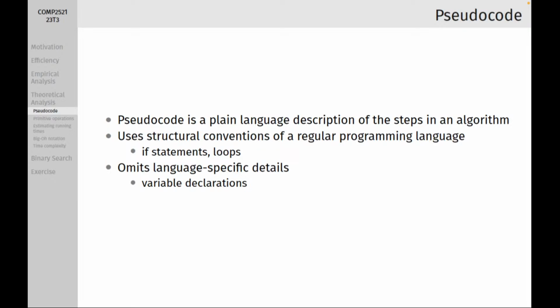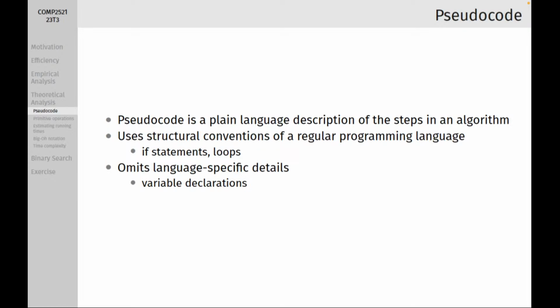So pseudocode is a plain language description of the steps in an algorithm, but it's structured. It has things that you would see in an ordinary programming language, like if statements and loops. And it would be nicely structured, so it would be indented so you can see where all the control structures are.